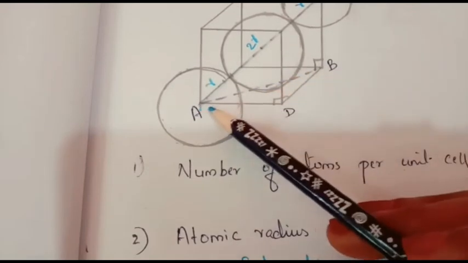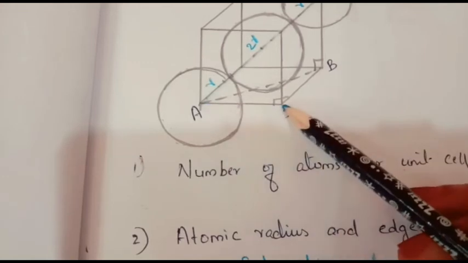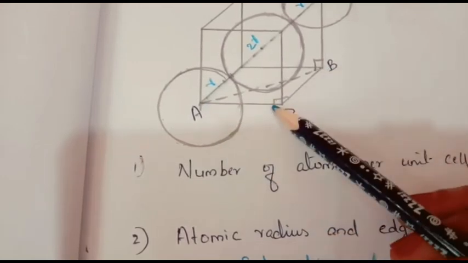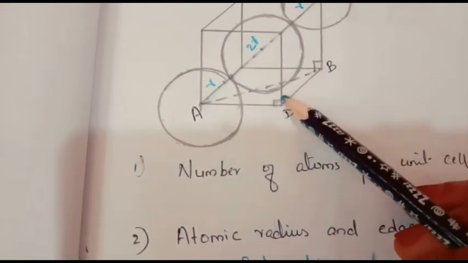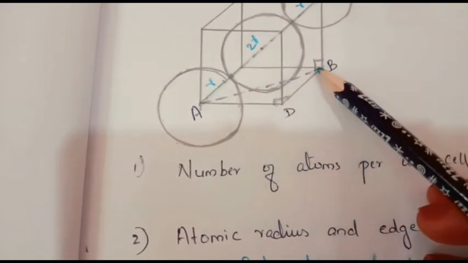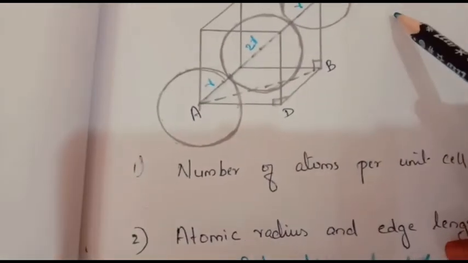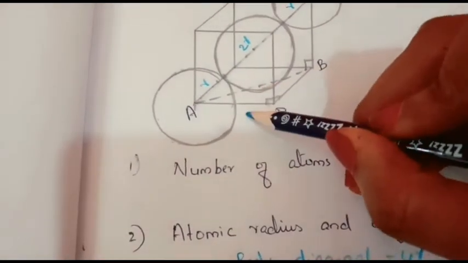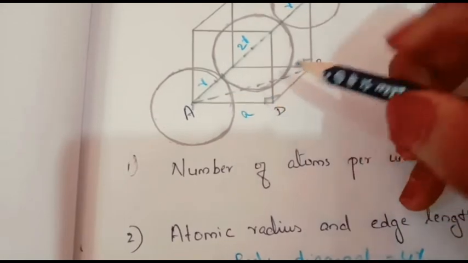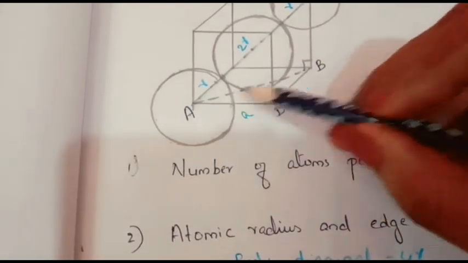For that we can use this triangle ADB. See here, the angle between AD and DB is 90 degrees. So when this angle is 90 degrees, AB is the hypotenuse. So AB can be found using AD and BD. What is the value of AD? AD is A because it is the edge length, and DB is also A. So using these two, what is AB?